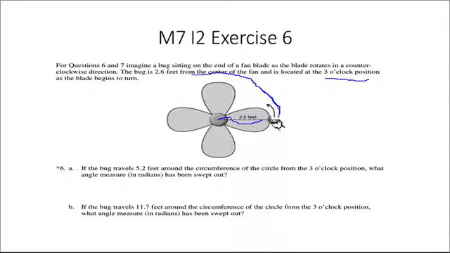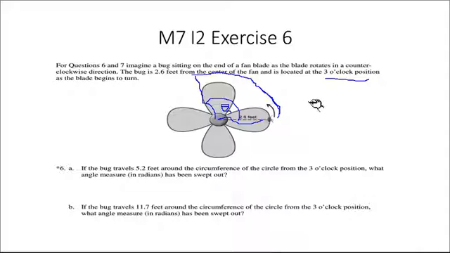Hopefully you all see that 5.2 is twice the length of the radius, so what is the corresponding angle measure, theta? If the radius is 2.6 and we've traveled 2 radii in length along this arc, then we would expect theta to be 2 radians.